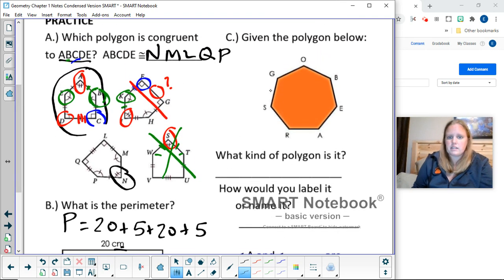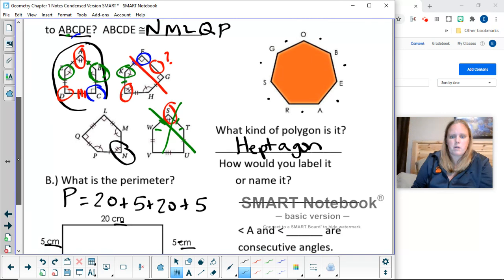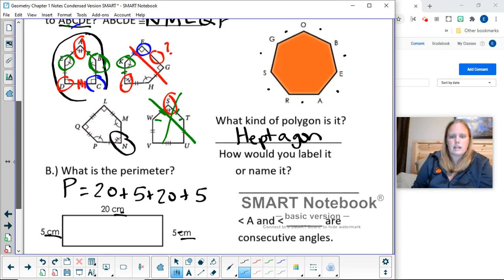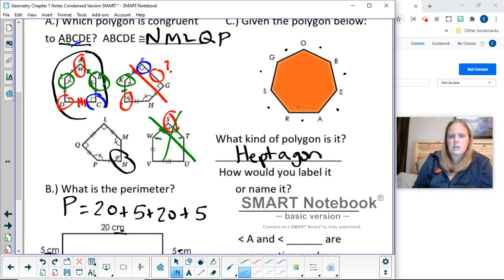Letter C, up at the top here, it says given the polygon, what kind of polygon is it? So first we have to classify it by counting 1, 2, 3, 4, 5, 6, 7 sides. 7 sides is a heptagon. And then the second part of that says, how would you label it or name it? So remember, we get to pick where we start.